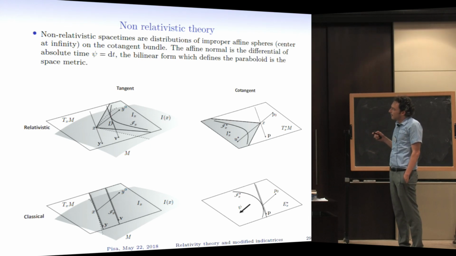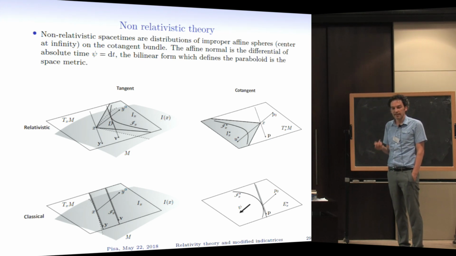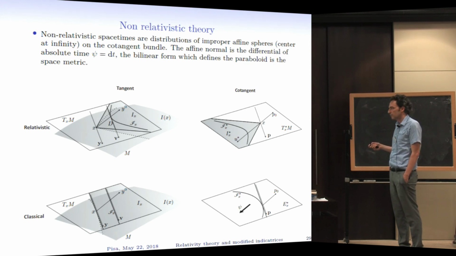Now I have this slide because I want to explain the non-relativistic theory, because the nice fact is that the non-relativistic theory is also an affine sphere theory. That is, we talked about affine spheres on the tangent space in the relativistic case, but in the dual, the cotangent space, you have also the dual affine sphere.